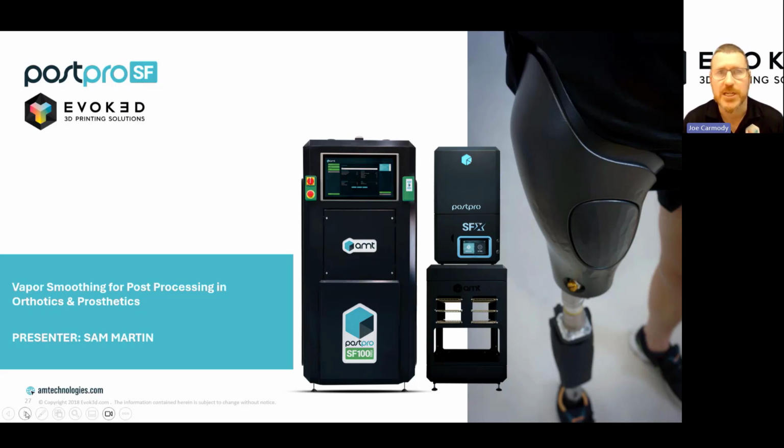Since joining AMT in 2021, Sam has been an integral part of the company, playing a pivotal role in its development and growth. As the leader of AMT's applications activities, Sam oversees all aspects of the company's customer onboarding and product development, driving success and innovation across international markets. So I'll hand over to you.